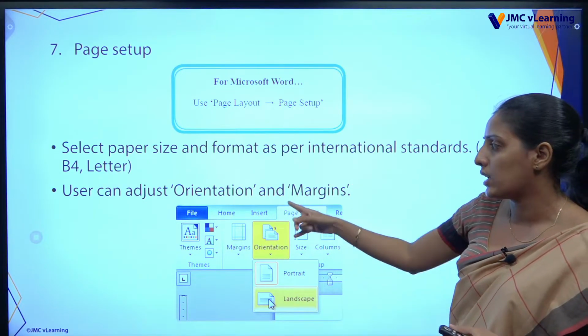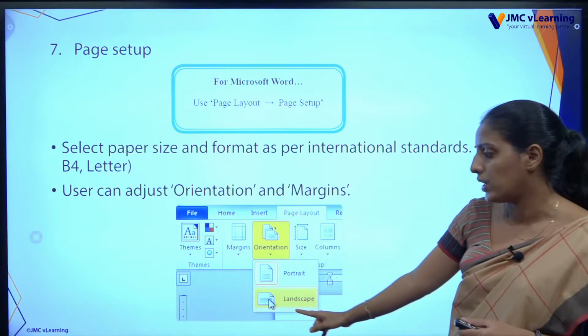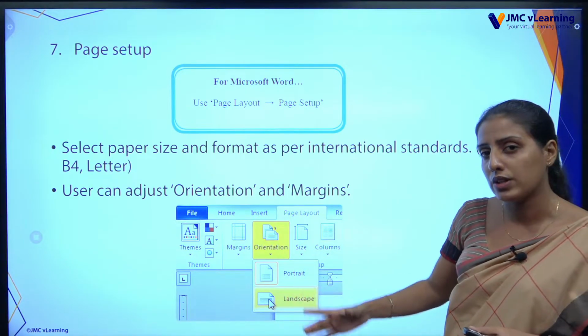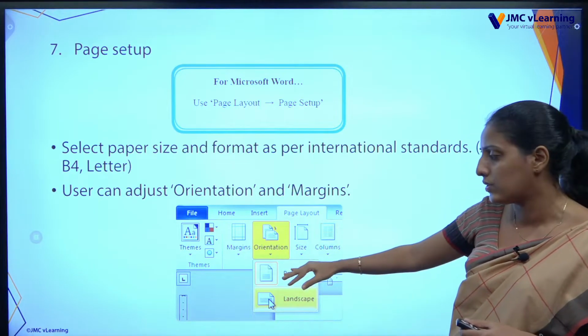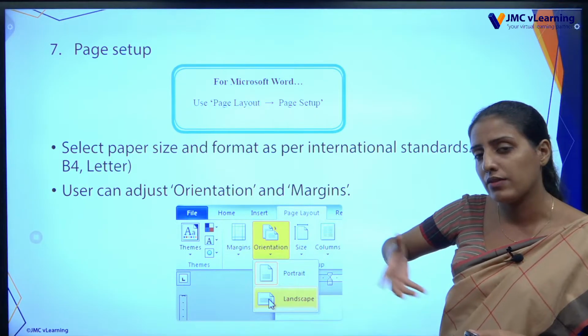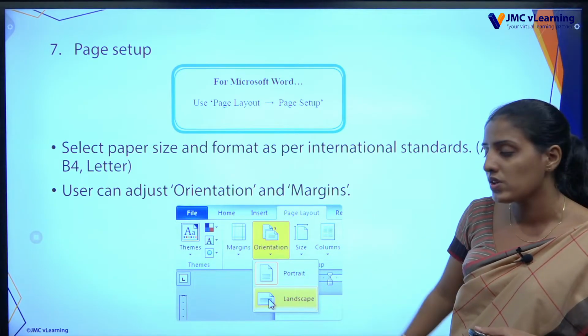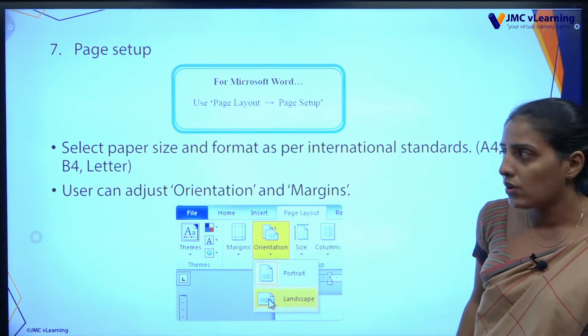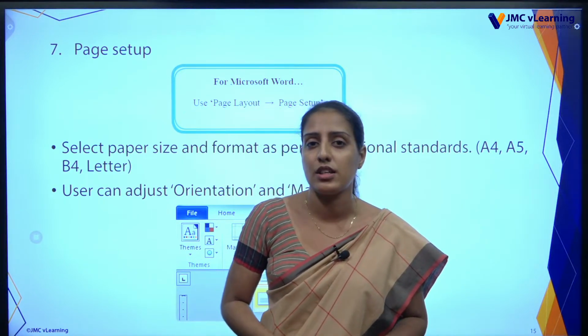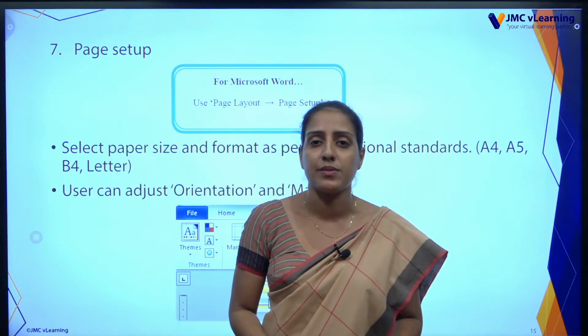The user can adjust orientation and margins also. If you want a vertical document, you can use portrait. If you want a horizontal view of the document, you can use landscape. So, let us see the practical session for these operations.